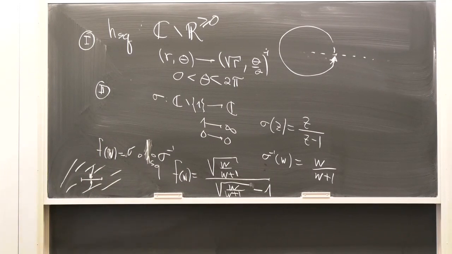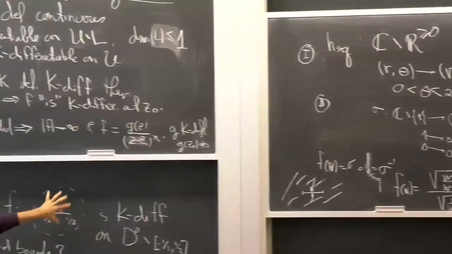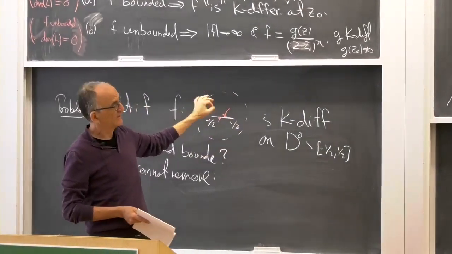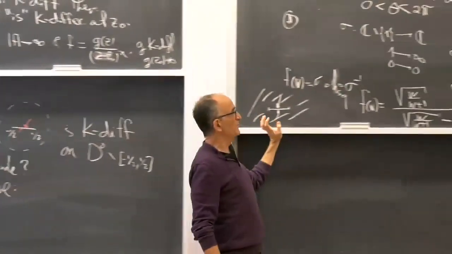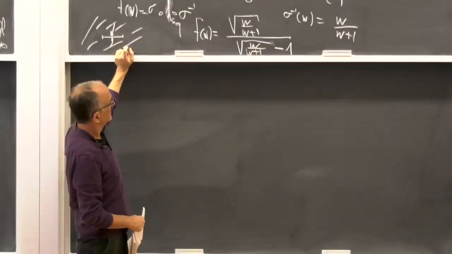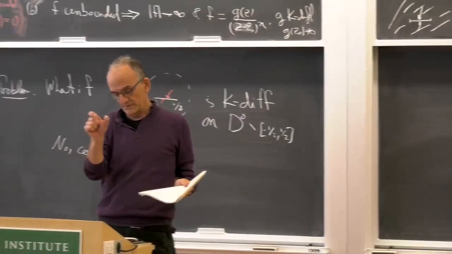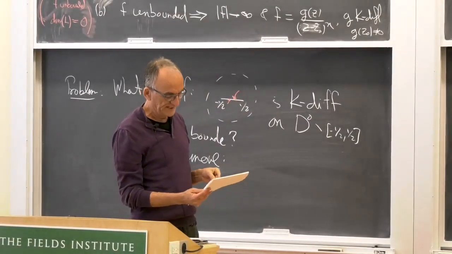So you cannot strengthen this: you cannot keep L of dimension 1 with just boundedness, even if everything is nice around the set you removed. So this is an example of a function holomorphic on C minus the interval, bounded but which cannot be extended.